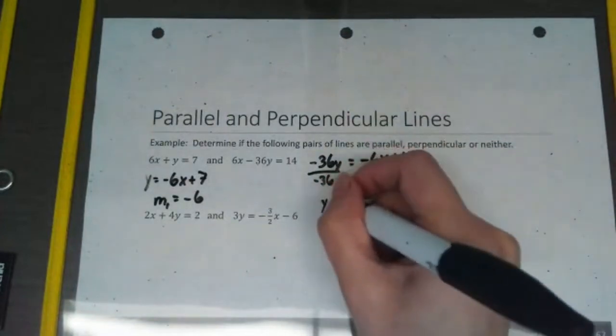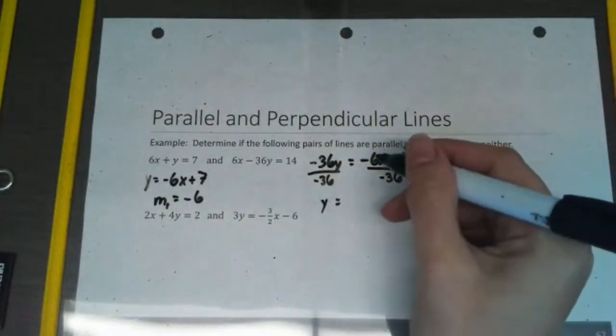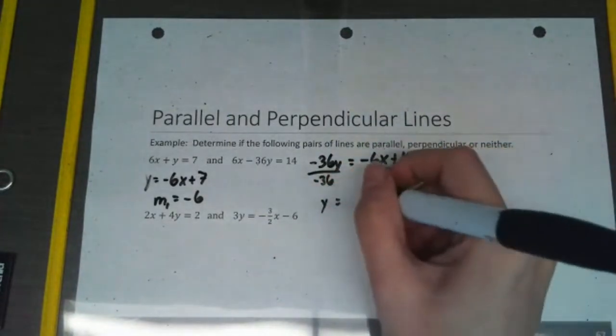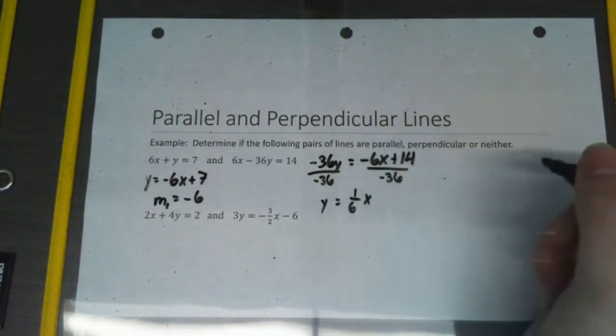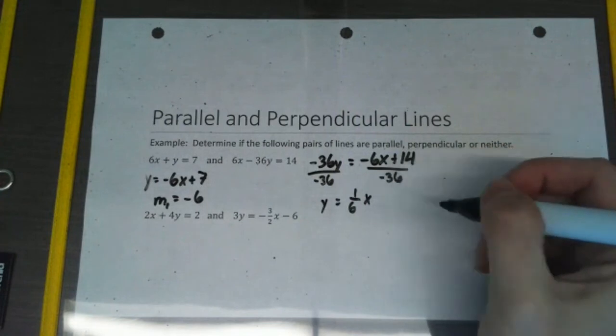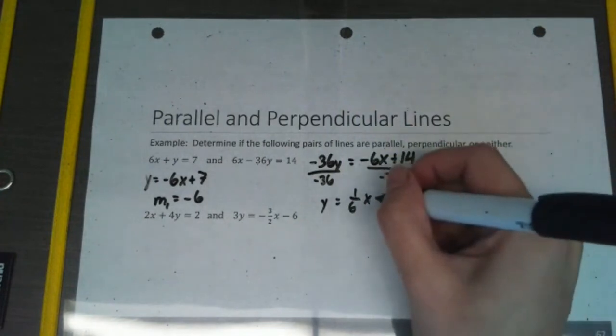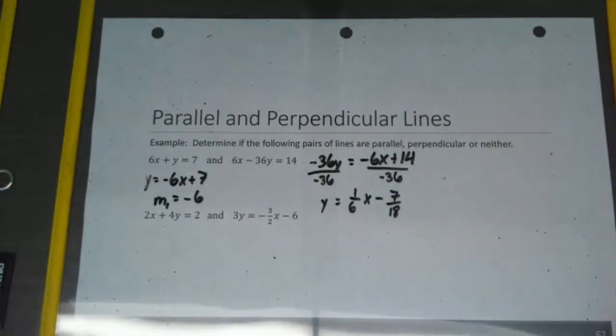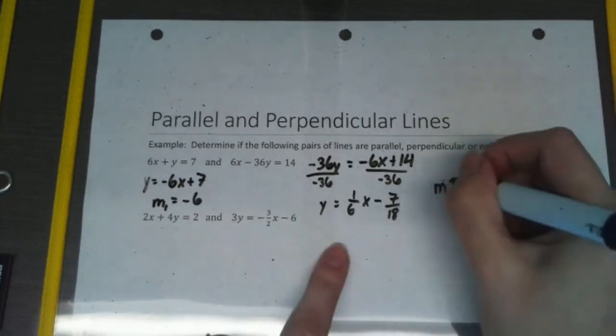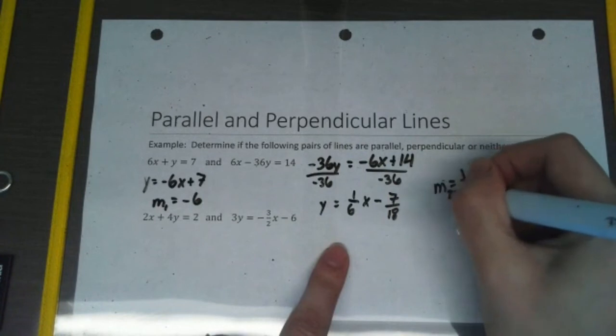That's going to give us y is equal to -1 divided by -36, which reduces to +1/36. We still have our x. And then 14 over -36 reduces to -7/18. But I really don't care about that. I only care about the slope because we only want to know whether these are parallel or perpendicular or neither. The slope is 1/36 for the second line.